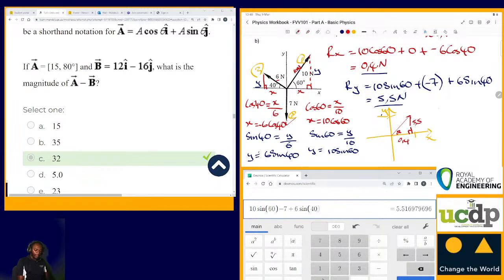And remember, to find the angle, theta is equal to arctan, the opposite over adjacent, 5.5 over 0.4.